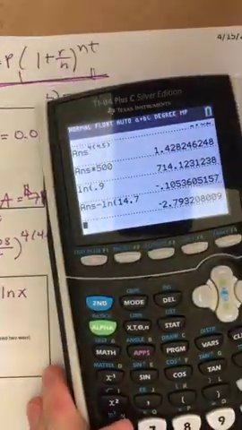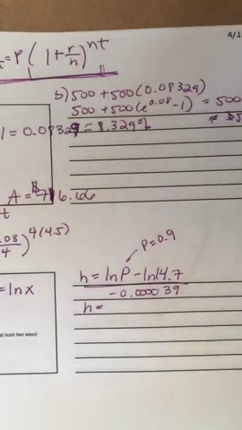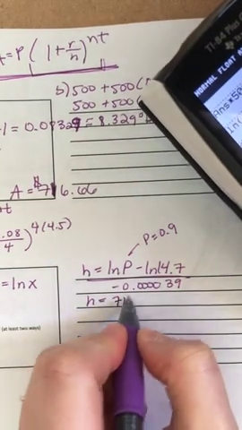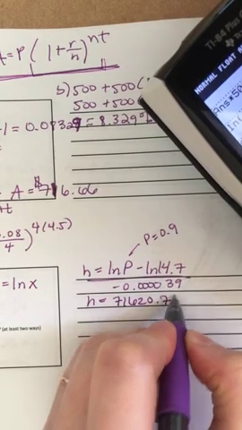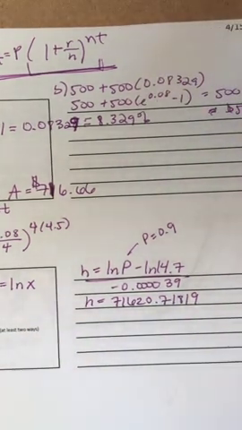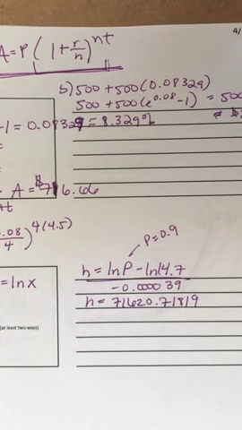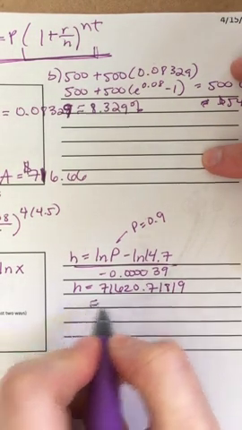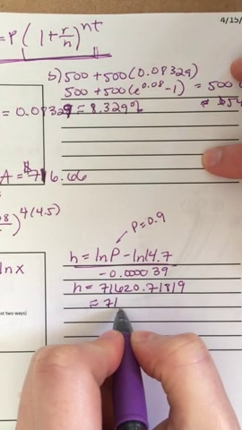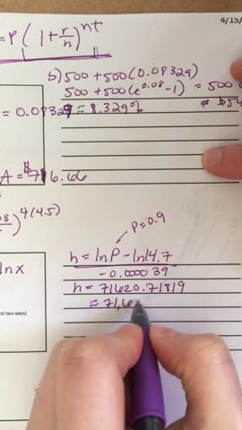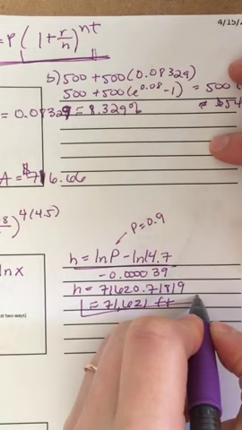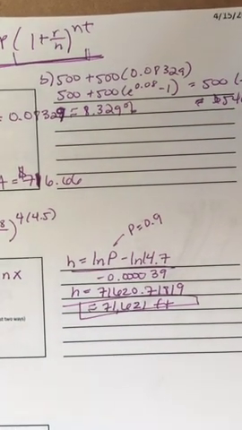So that's my numerator. Now I'm going to divide by the denominator of negative 0.123439. So 71620.71819. And they're not telling us where to round. So approximately 71,621 feet above sea level is where our blood boils.